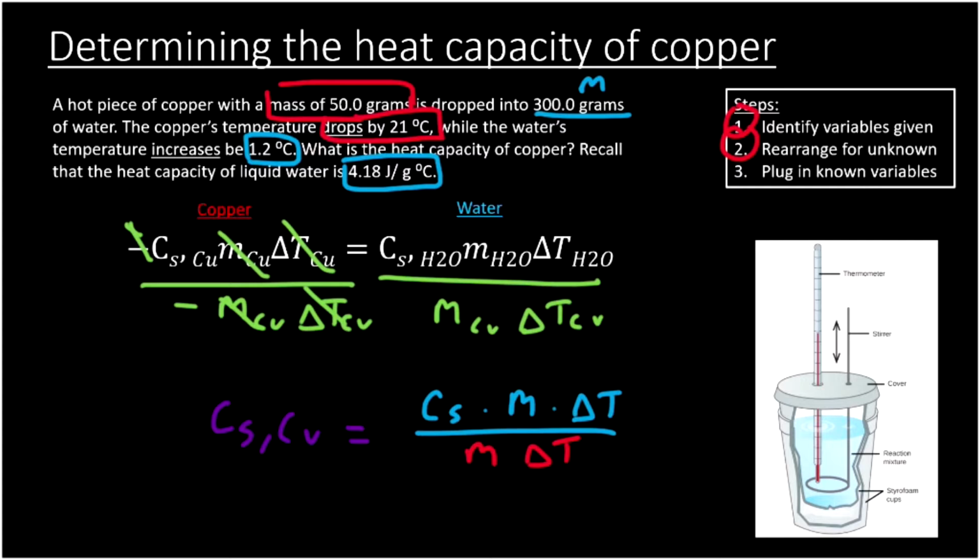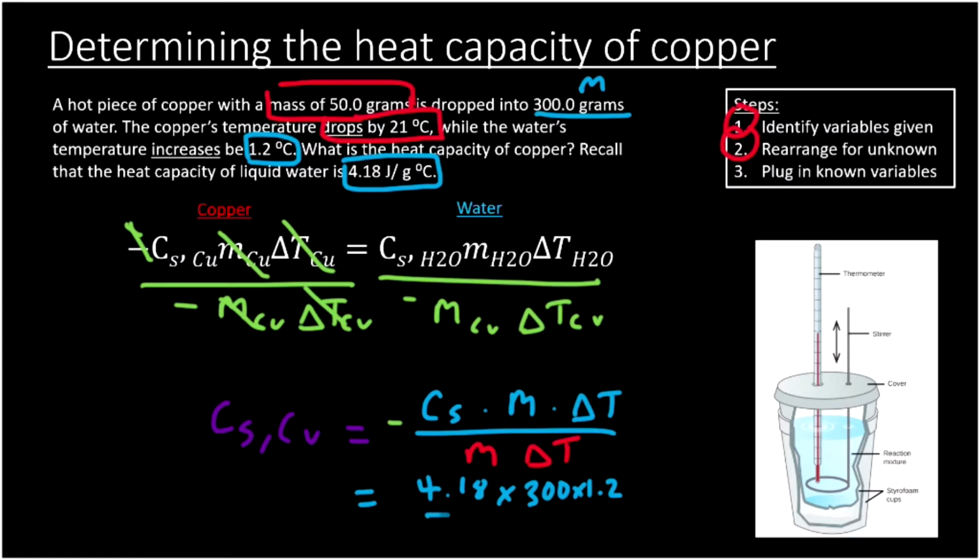And now I'm ready to plug in those variables and figure out what my heat capacity of copper is. And don't forget that our negative sign came along too. So that's negative right now. Okay, so I'm going to plug in the heat capacity for water. We know that's 4.18. I'm going to plug in the mass of my water. We know that's 300 grams. I'm going to plug in the change in temperature of my water. We know that's 1.2 degrees Celsius.